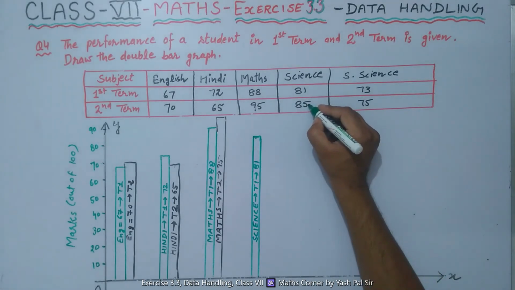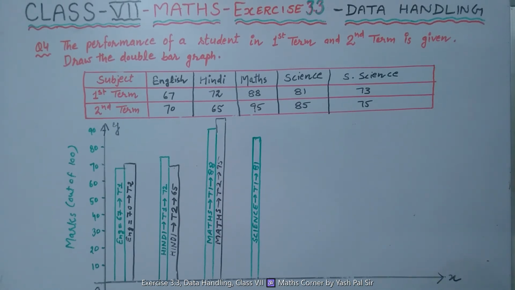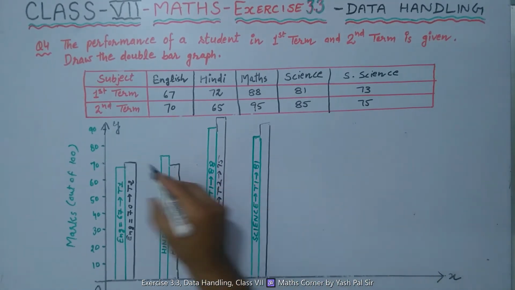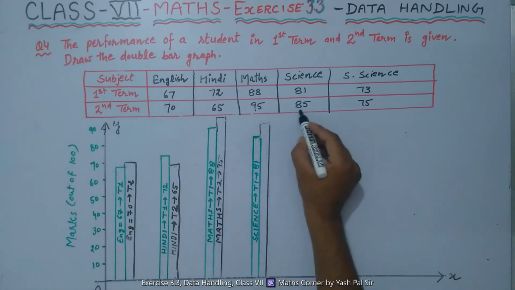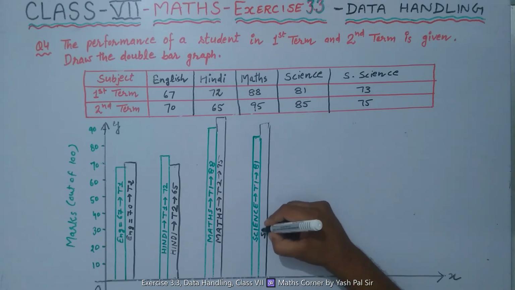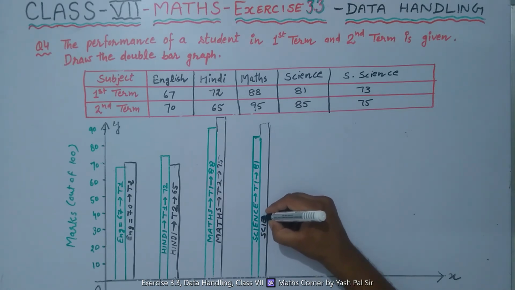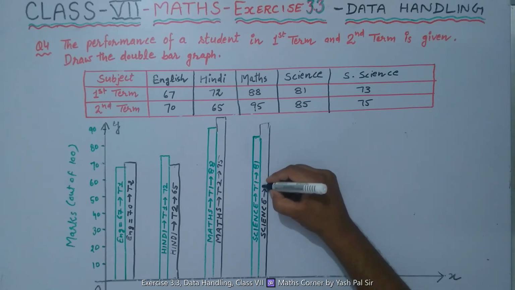Now 85 marks in term 2, so we shall use another color. This way, this is below 90, above 80, 85. So we write here science subject, term 2.